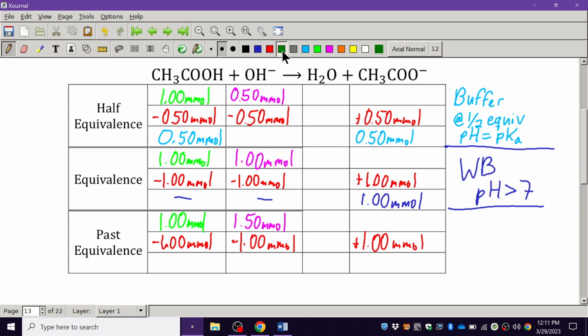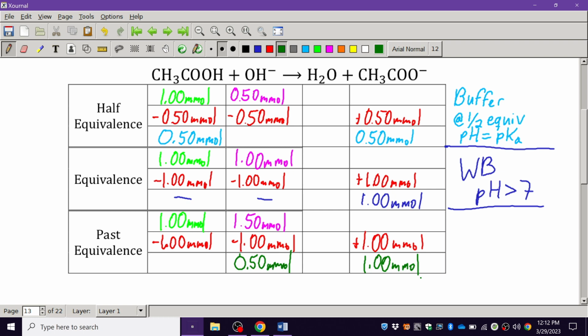So what do we have here? We have a solution that contains excess hydroxide ion as well as conjugate base. What kind of solution is this? What did we say about this before? We have two things that are going to contribute to pH, but which one dominates? Which is the trump card, if you'll pardon the term?